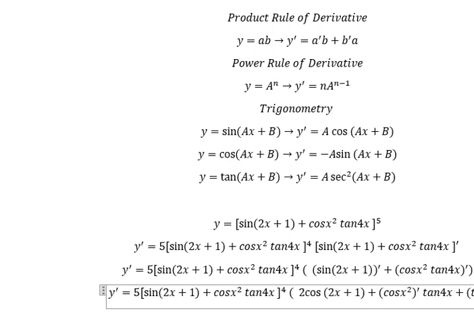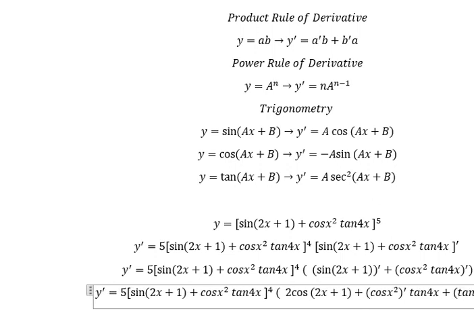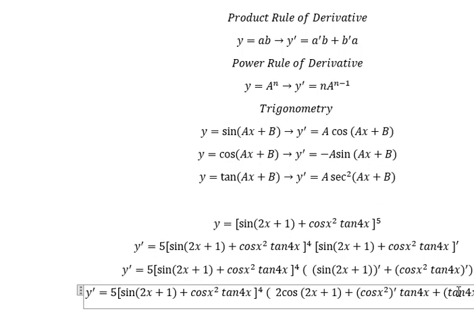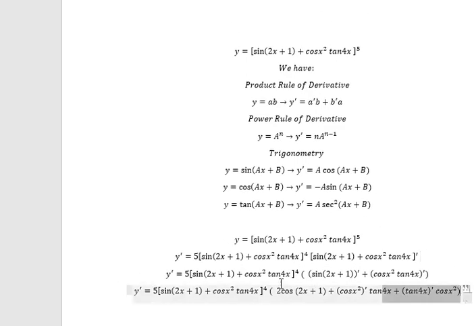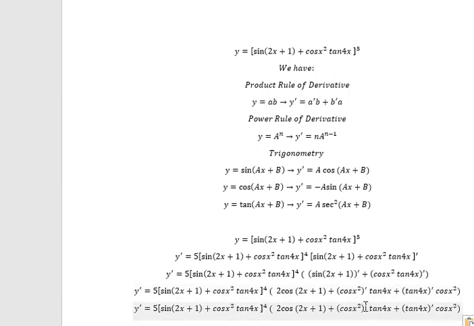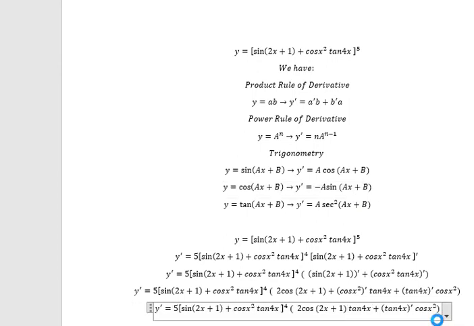Later that, we do first derivative of tan 4x multiplied by cosine x squared. So this one, we apply this formula in here. And we have negative 2x sine x squared.